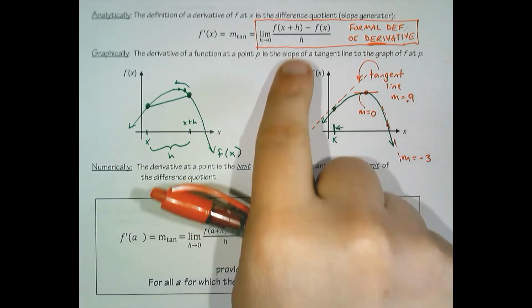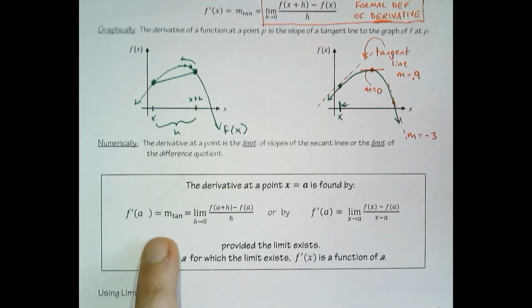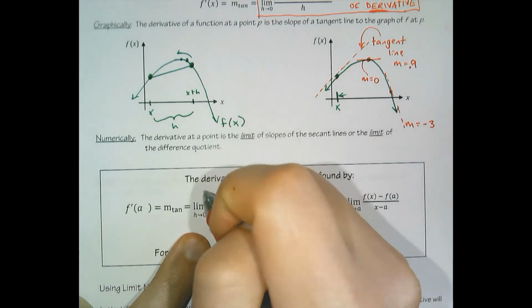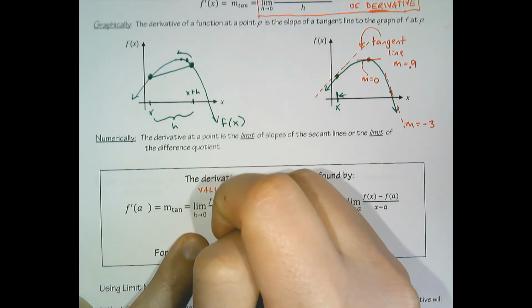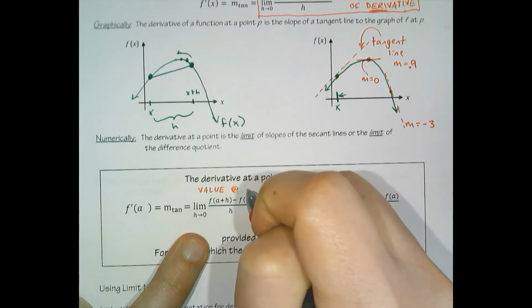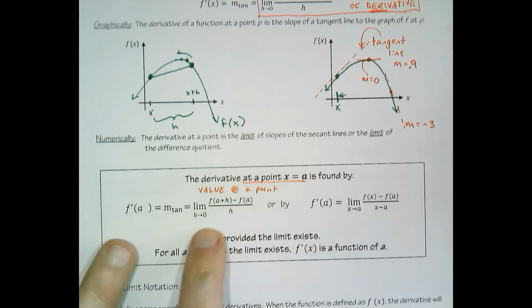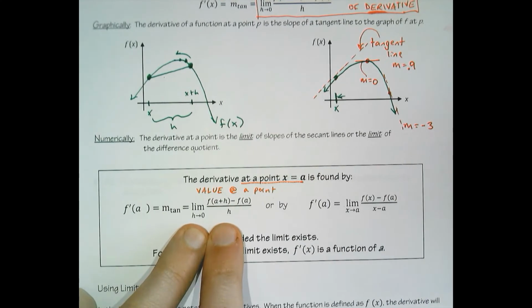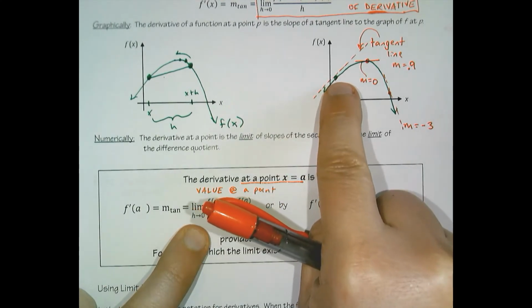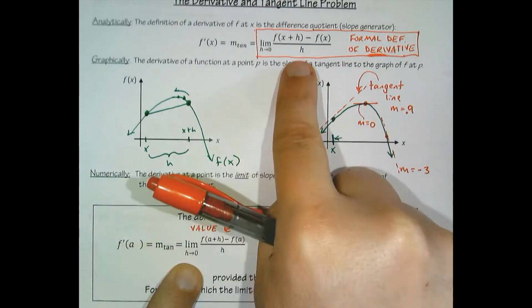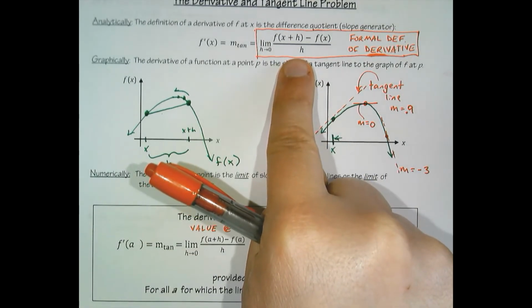If we replace x with a, we're going to get f prime of a, and we get the same expression. The difference is this actually gives you a value at a point. So this limit expression would give you the 0.9 or the 0, the -3, whereas this derivative expression actually gives you an equation.